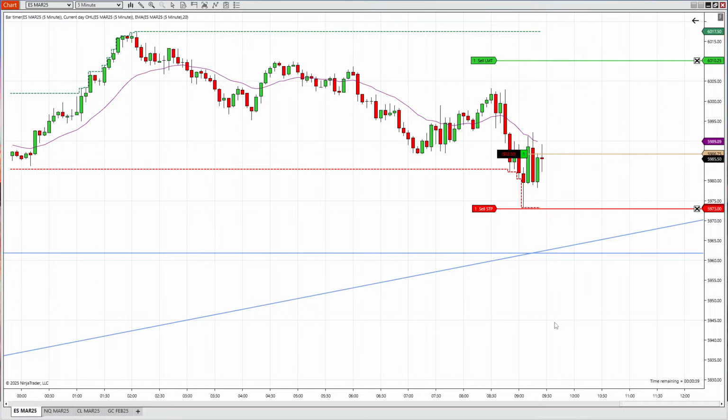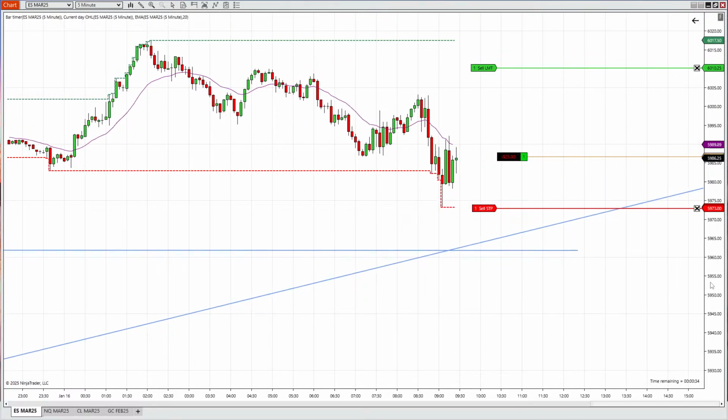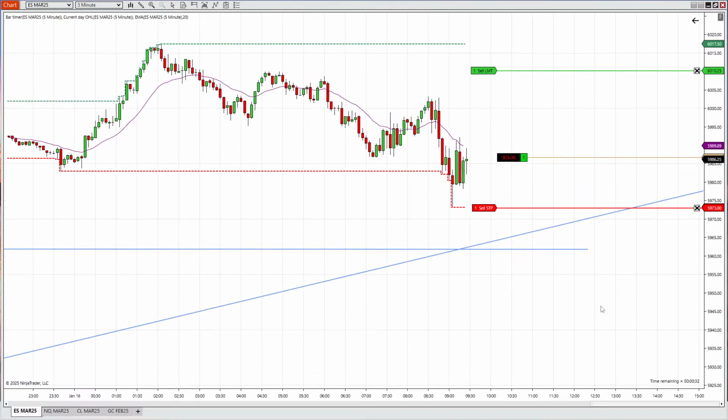$40 left in this bar. Only short one contract. Or, I'm sorry, long one contract.